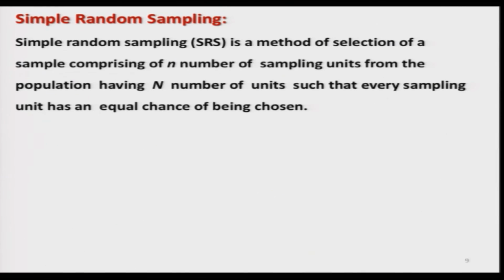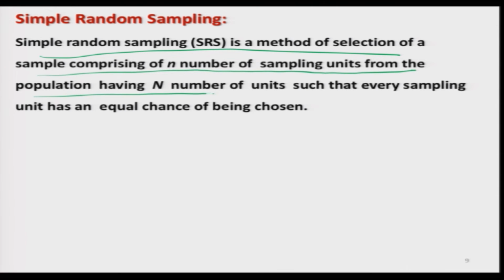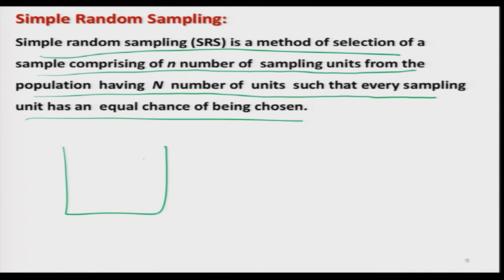So, you see the first question comes here, what is a simple random sampling? Simple random sampling here is a method of selection of a sample comprising of small n number of sampling units from the population having capital N number of units, such that every sampling unit has an equal chance of being chosen. For example, if I take a box and suppose there are 100 balls.